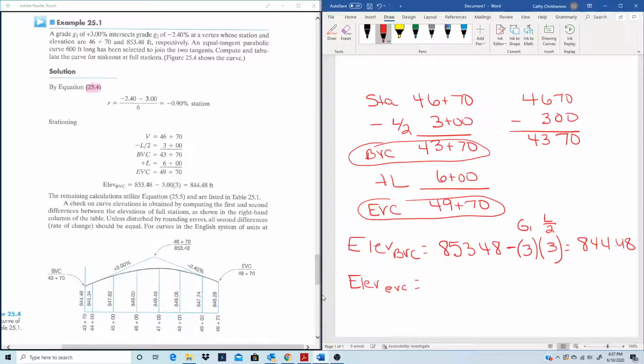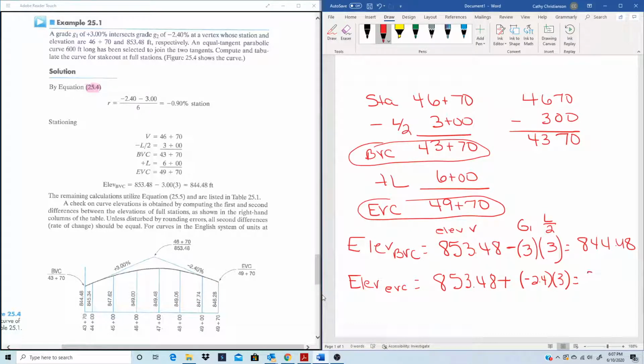Now I'm going to go ahead and do the elevation at the end vertical curve. So I'm going to go back to your elevation at V. So I'm going to write that's elevation V, 853.48. You'll always do a plus for the end one. My G2 is a negative 2.4 and L over 2 is 3.